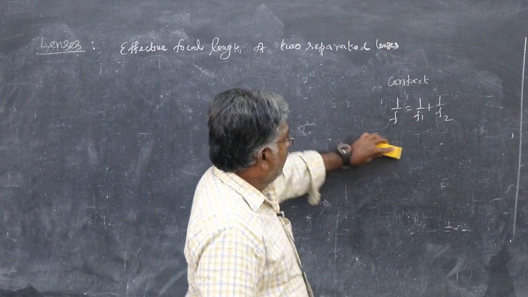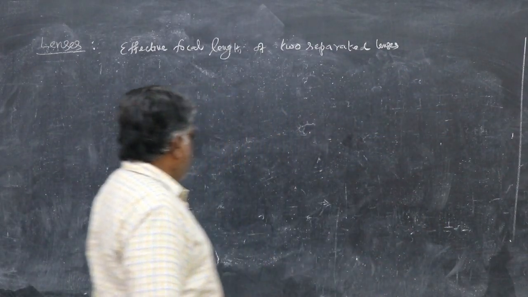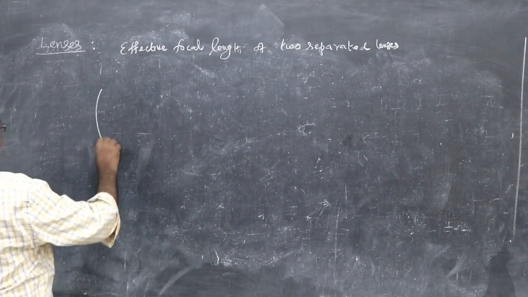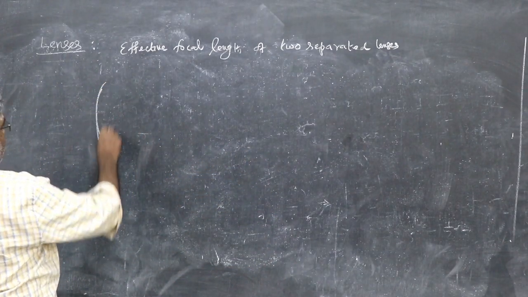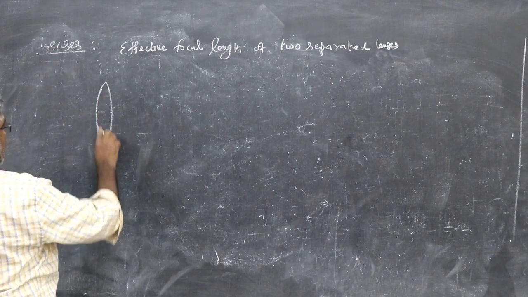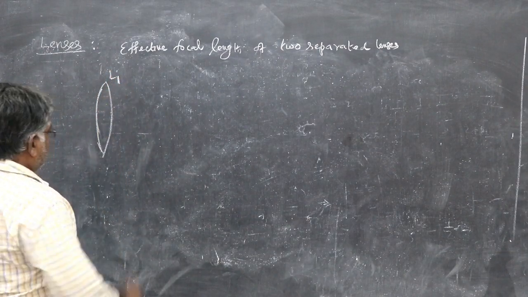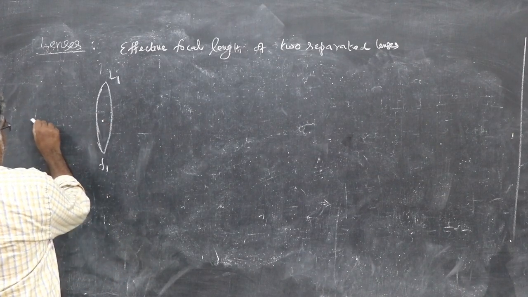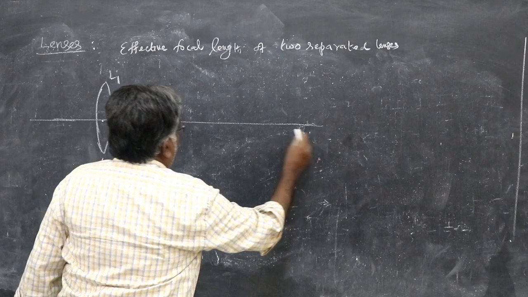So, let's say this is one of the lenses, say L1. Let's say its focal length is f1, this is the optic center, this is the axis.